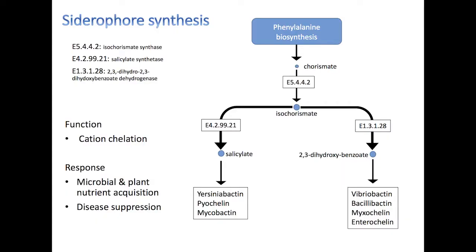Okay, now let's step back a little bit. I mentioned genes and what genes we might look at, trying to relate that increase in nutrient use efficiency with the microbial community. Siderophores are compounds produced by bacteria, and plants also, that result in the chelation of cations, iron, magnesium, and so on.